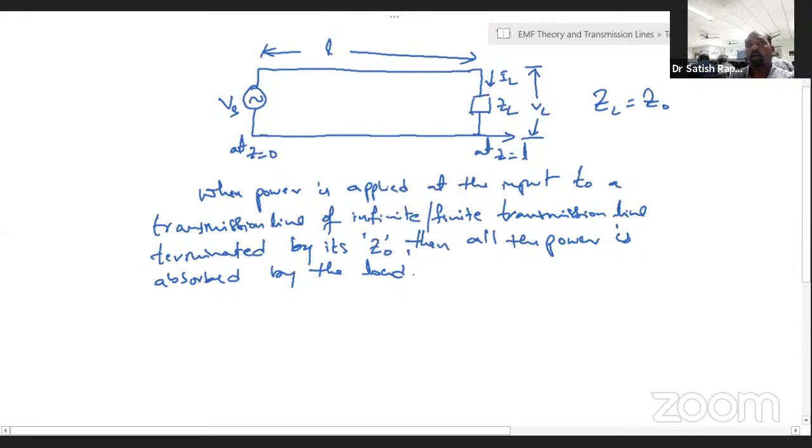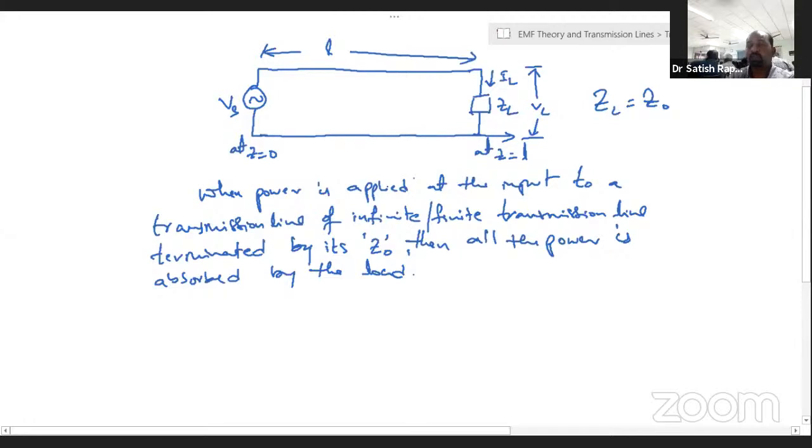You know the maximum power transfer theorem. So what is maximum power transfer theorem? It says that whenever load impedance is equal to source impedance, then maximum power will be delivered to the load.